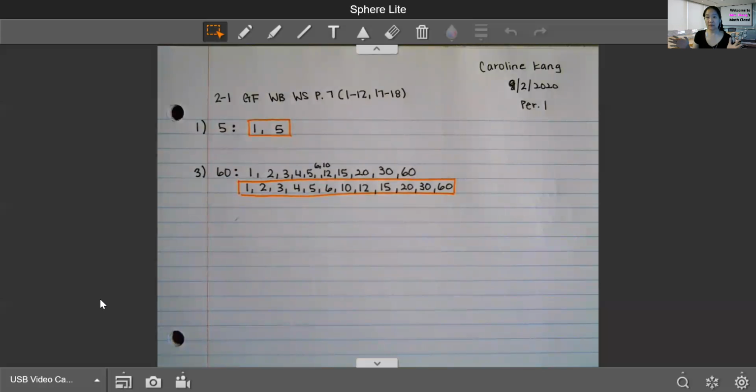If you want to give pairs, you say 1 and 60, 2 and 30, because they're asking you what are the factors of 60. You don't say 6 times 10 are the factors of 60. You say 6 and 10. Okay. All right, let's take a look at the next part.